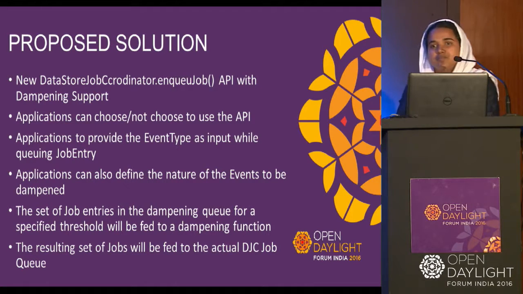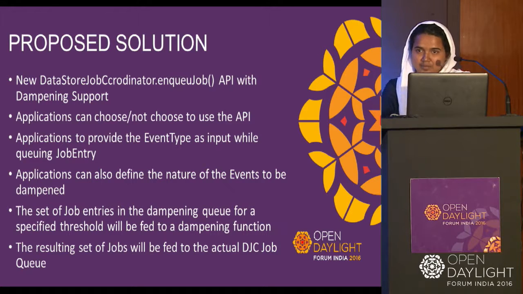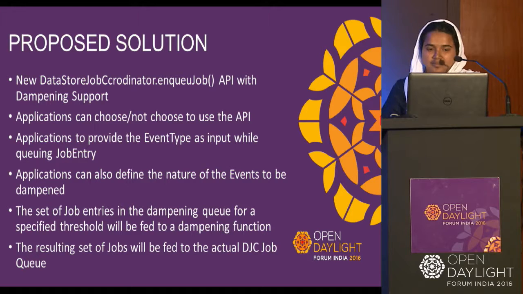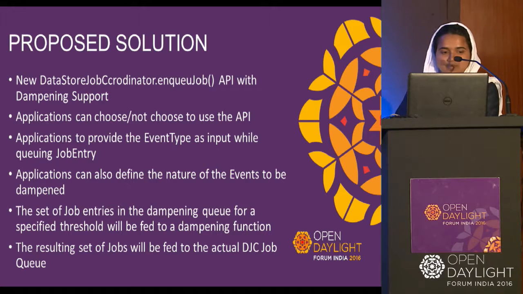It is integrated into the job coordinator because that is the common point which all the applications are currently using. Typically we get a notification. Most of our applications are of the model where, say, application A writes to the data store, B gets a notification, B again writes to the data store, C gets a notification. That's how the chaining happens.